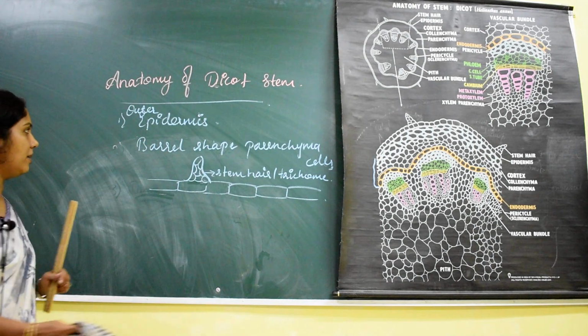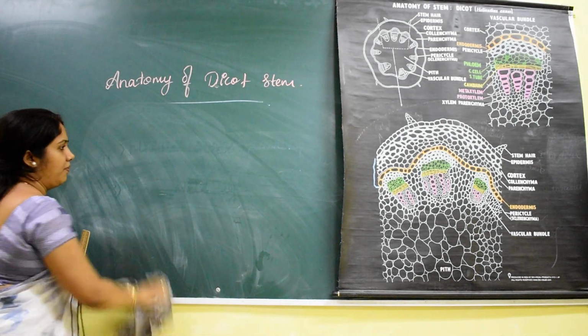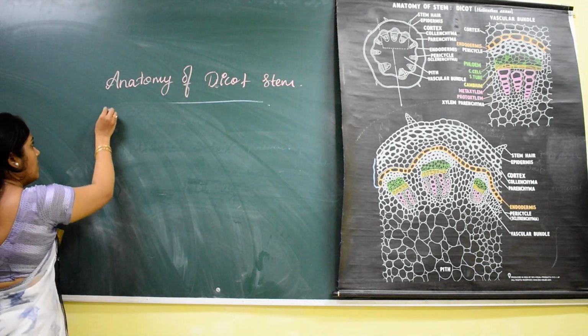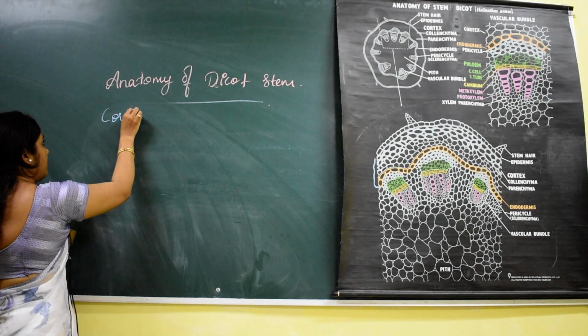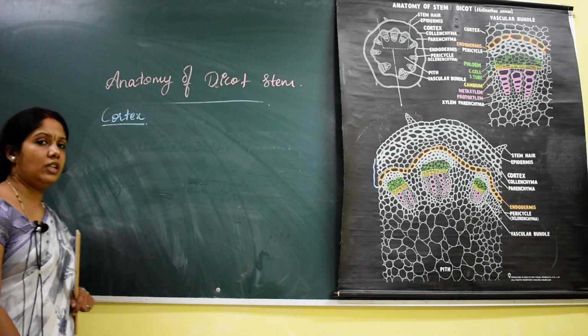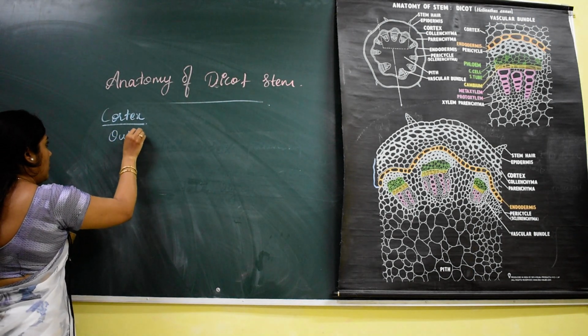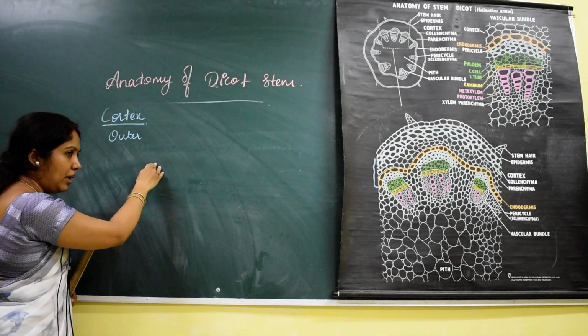Next to the epidermis is the cortex. The cortex is differentiated into three regions: the outer cortex, the middle cortex and the inner cortex.